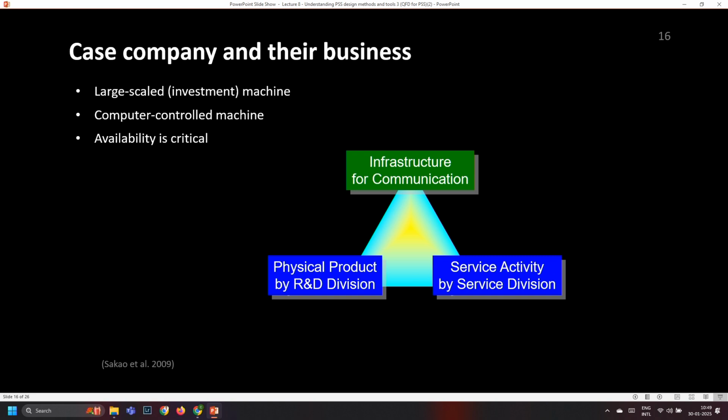And the motivation of the company was to make a balanced investment between physical products and also services. So this is exactly, I think, a typical situation where the company benefits from product service system design. Okay?